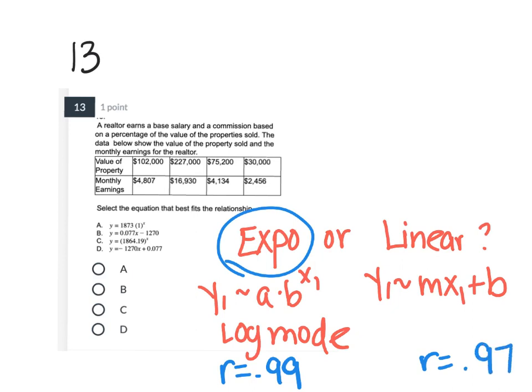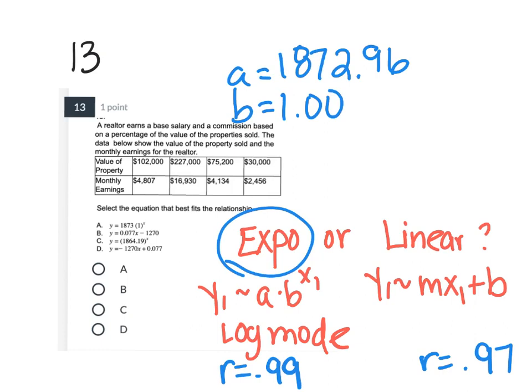So we're going to use exponential here, and if we come back and go to exponential, it says that my A value for exponential was 1,872.96, and I have 1.00. So if I'm looking at which one would have those values plugged in correctly, the answer for that one would have been A, because we wouldn't have been able to use B and D because those were linear.